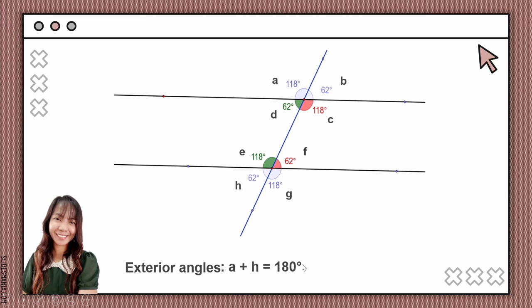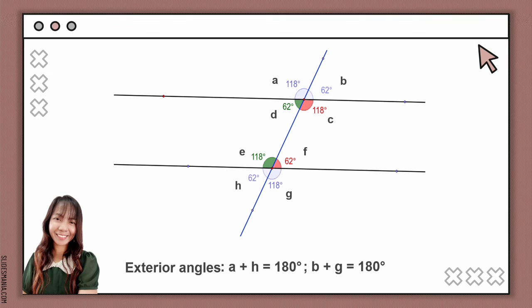The same as the interior angles, but this time the angles are on the outside of the parallel lines. Another example, angle B and angle G. Again, the sum of the two angles is 180 degrees.